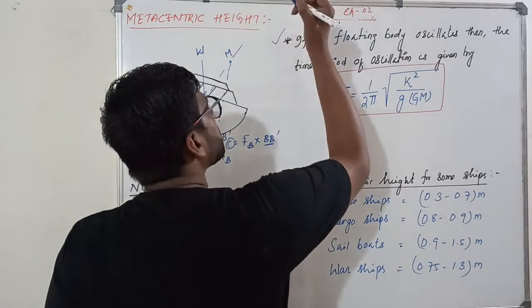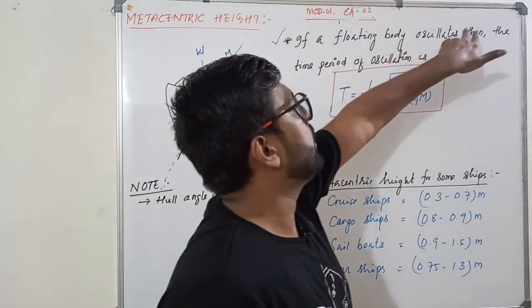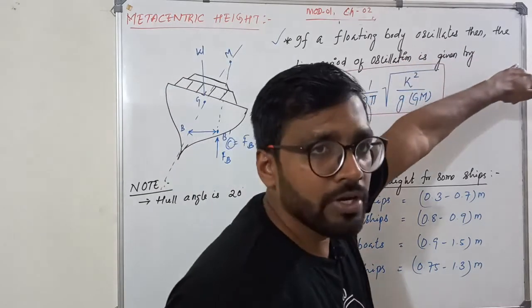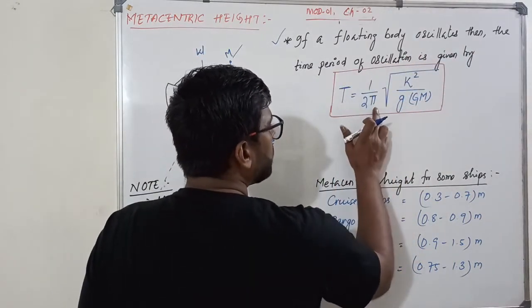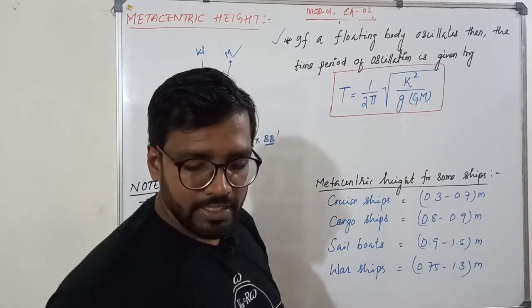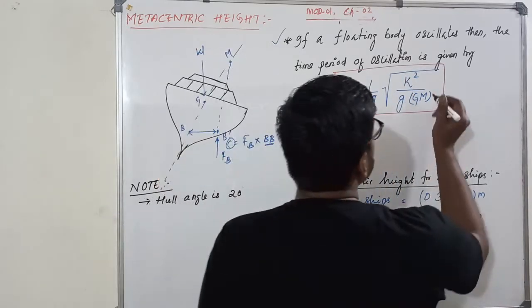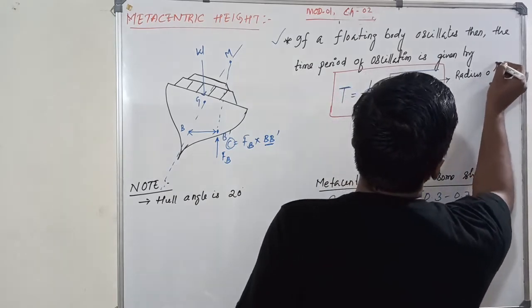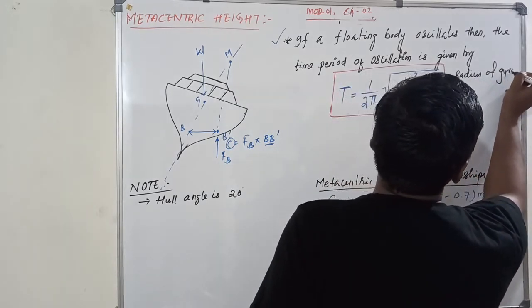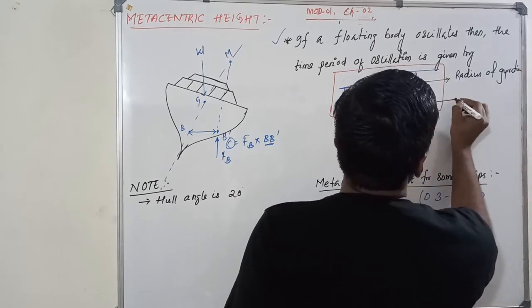This can be mathematically proved. If a floating body oscillates, then its time period of oscillation is given by T is equal to 1 by 2 pi root over k square by g into GM. What is k? Sir, k is the radius of gyration. What is g?